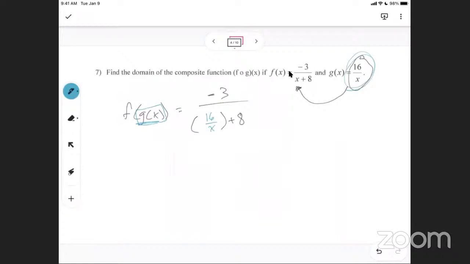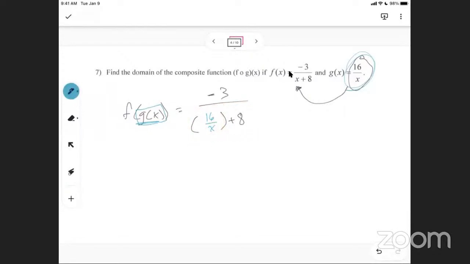They only wanted the domain of it. Well, there's two things that can't happen here. X can't equal 0 because then this wouldn't work, right? And this can't equal 0.